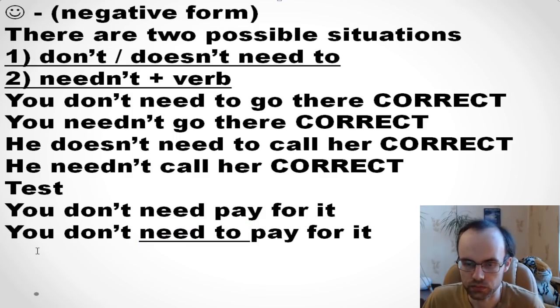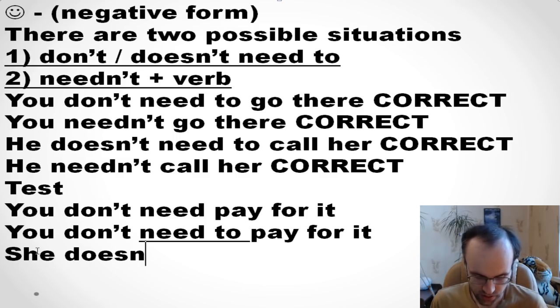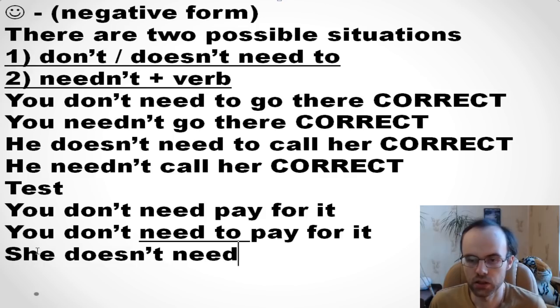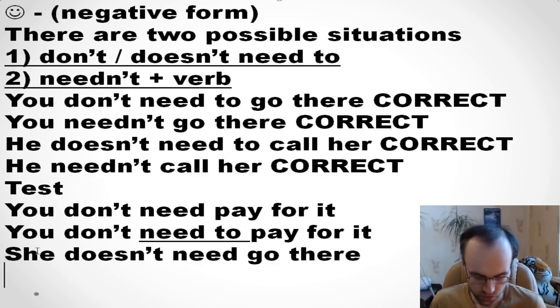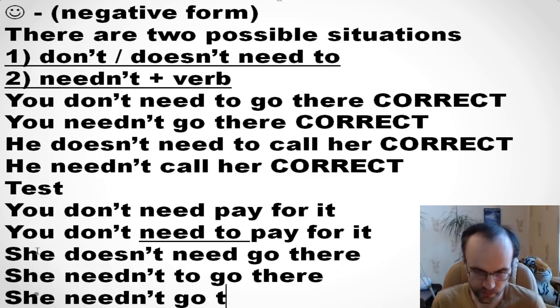Next. She doesn't need go there, or she needn't to go there, or maybe she needn't go there.